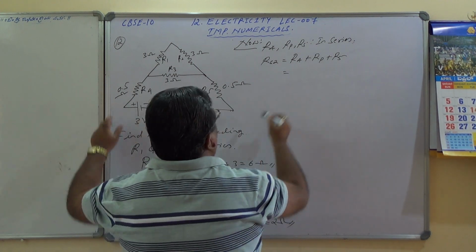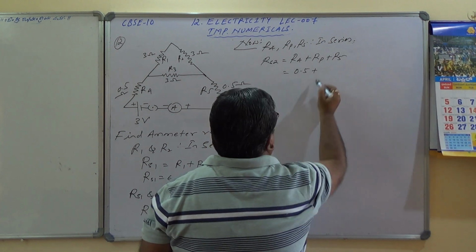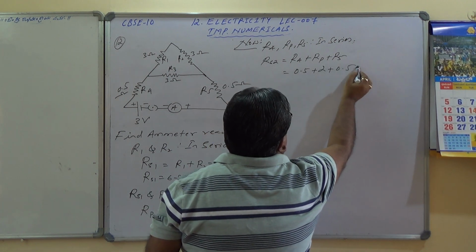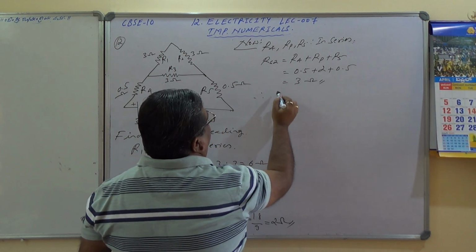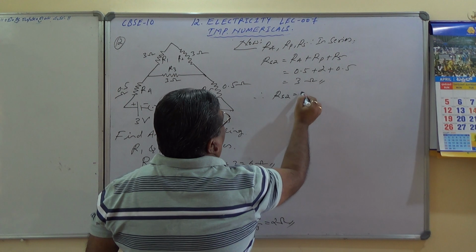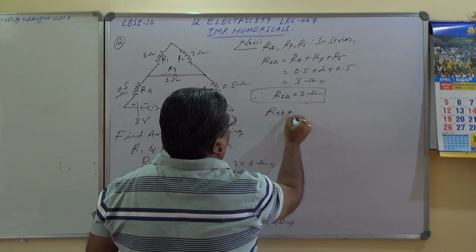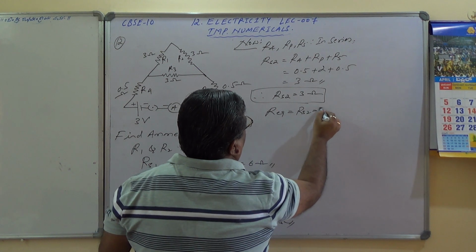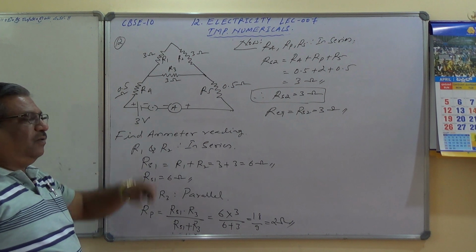R4 is 0.5 plus RP 2 plus 0.5, which equals 3 ohms. Therefore RS2 equals 3 ohms. This is the equivalent resistance, 3 ohms. Now you have to find out the current over here.